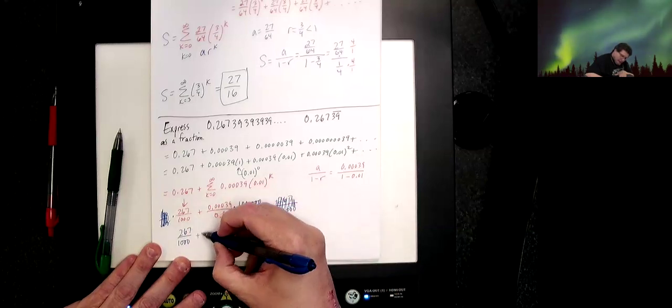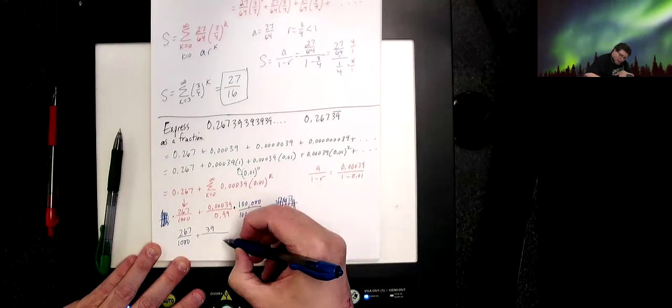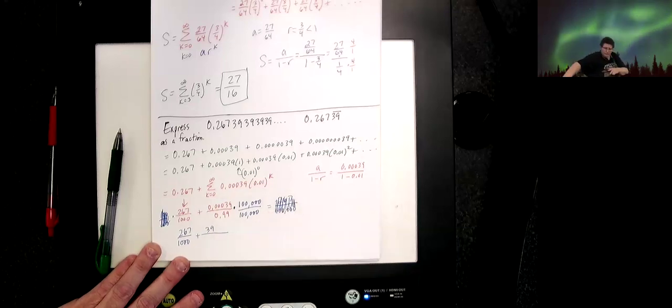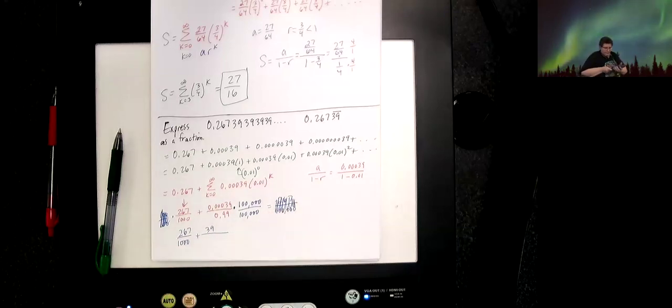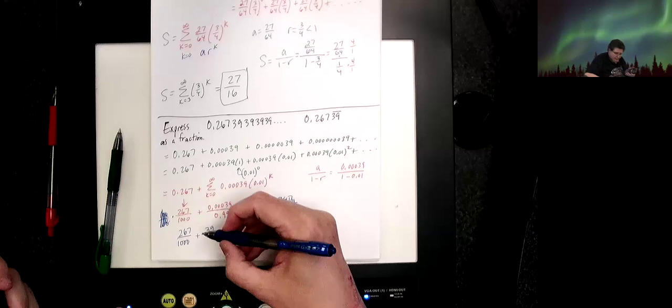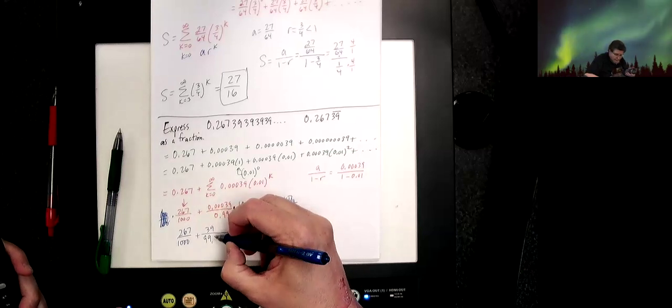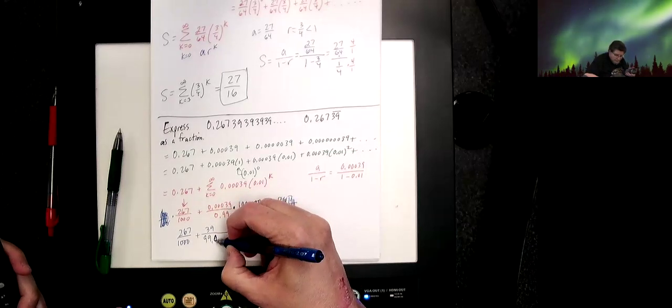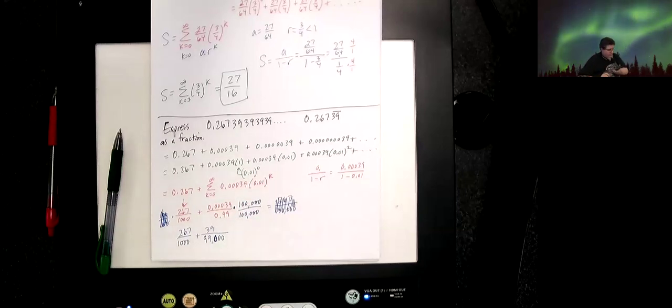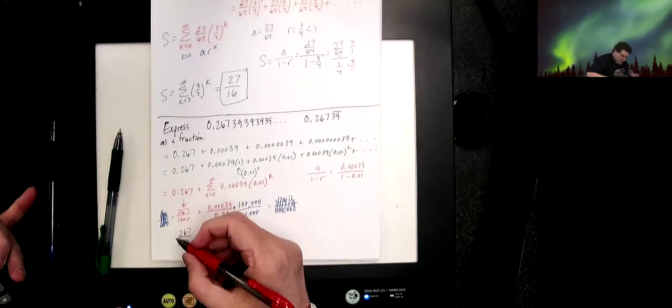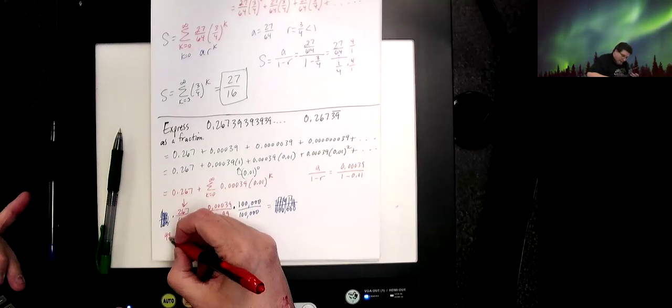This will be 39 over. I just want to mess up basic math right now. So 100,000 times 0.99 is 99,000. So if I want a common denominator, I've got to multiply this by 99/99, not 100.